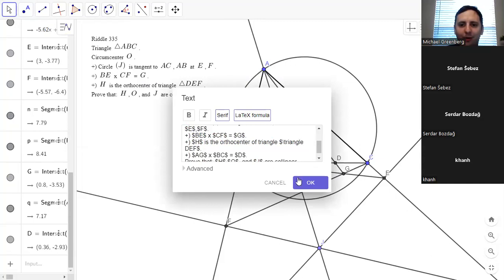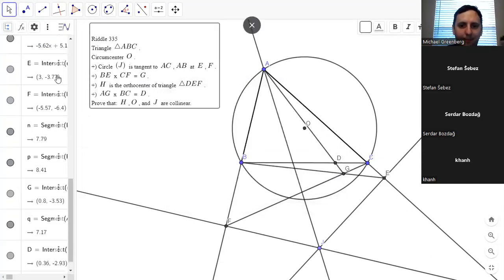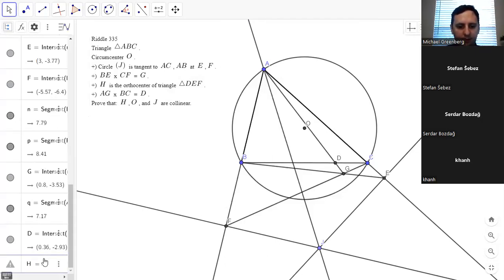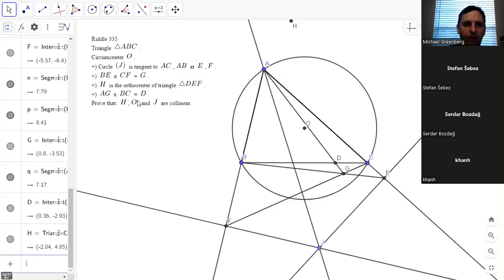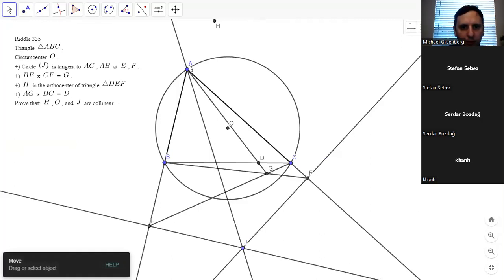Okay, so now all of a sudden the problem looks a little bit harder than it did originally, but H is the orthocenter of BEF. So it's all the way up there. So I'm going to make it look a little better. And we want to show H, O, and J are collinear.